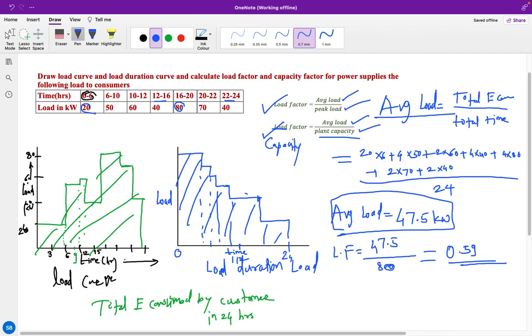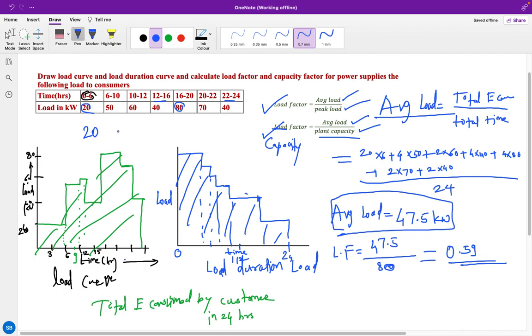You can see the minimum load required is 20 kilowatt, and the highest required is 80. So we can consider one particular plant which has a total capacity of 80 kilowatt.